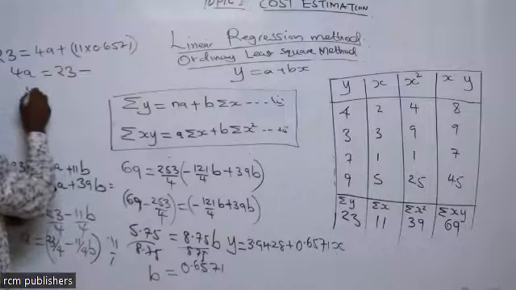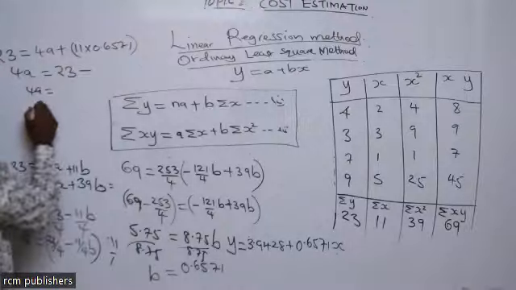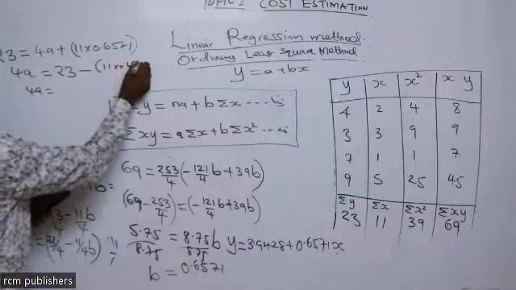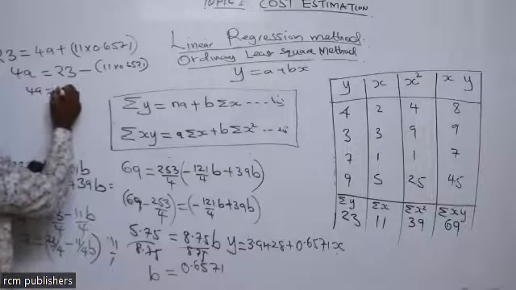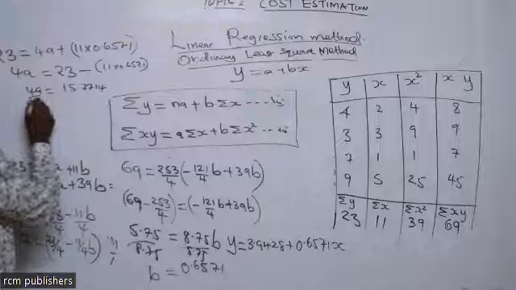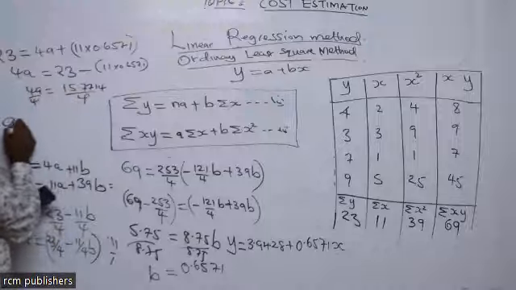So my 4A is equivalent to 15.7714. When I divide both sides by 4, I'm getting A as 3.9429.